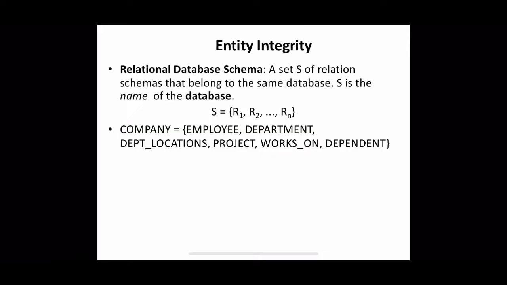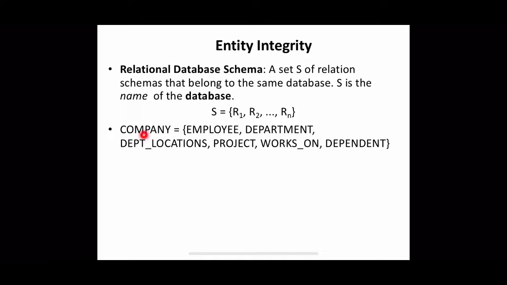Now the second integrity constraint is entity integrity. Before that, let us define a relational database schema. A relational database schema is a set S of relational schemas that belong to the same database. So we can denote S as a set {R1, R2, ..., Rn}, where Ri is a relational schema.